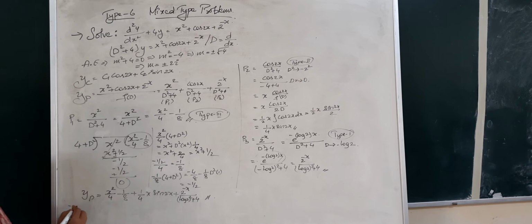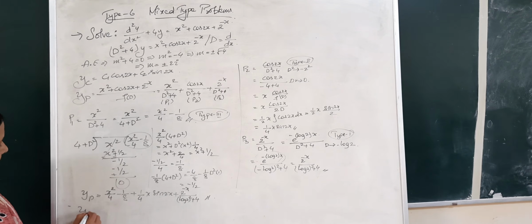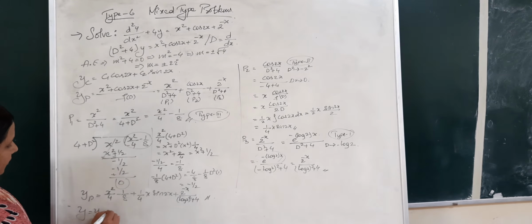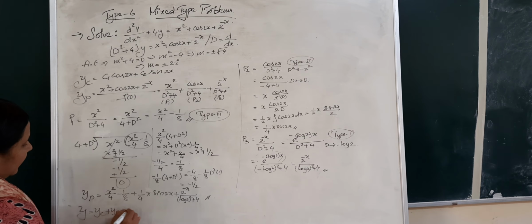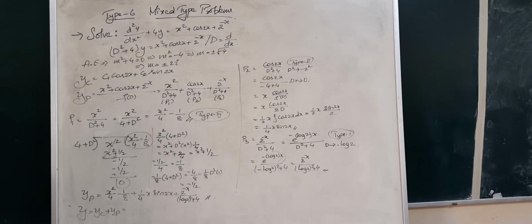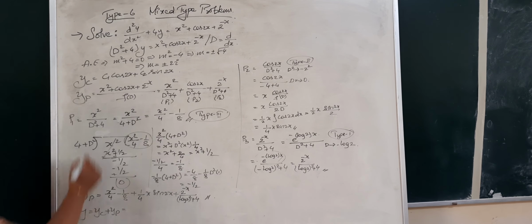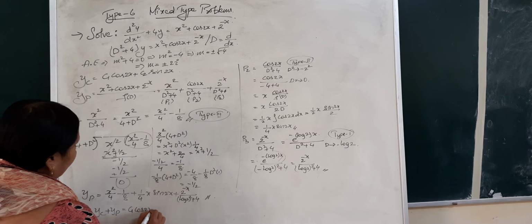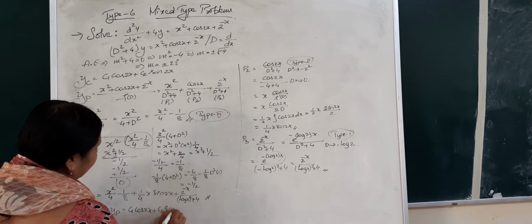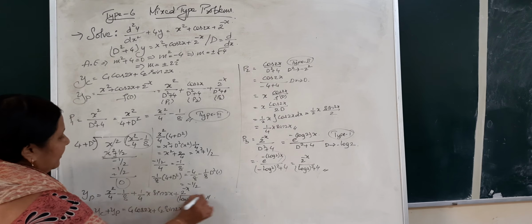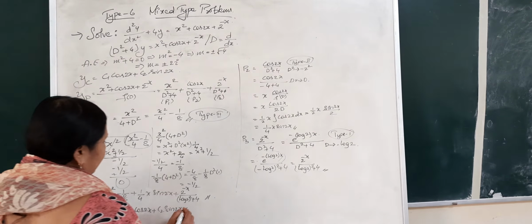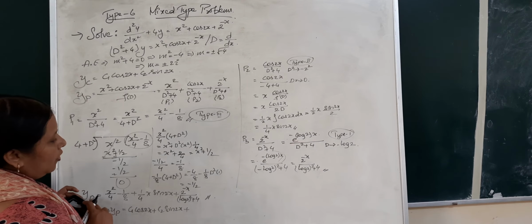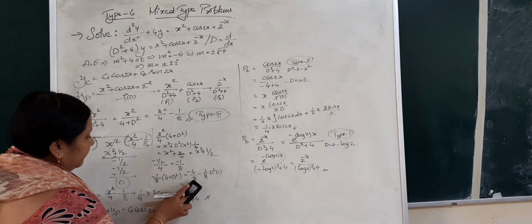This is the particular integral. So our final solution, the general solution, is given by y equals yc plus yp, where yc is c1 cos 2x plus c2 sin 2x, plus write this entire yp as it is. There is no simplification possible. Got it?